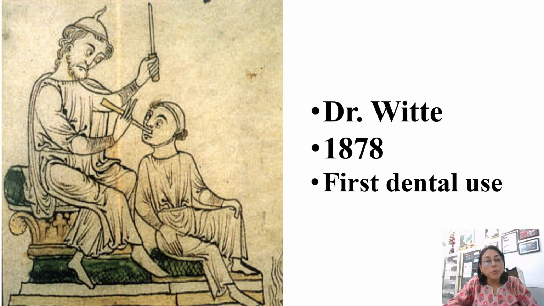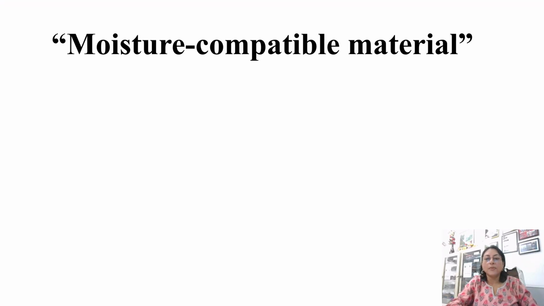The work was reported in 1878 and also referenced later in 1880, marking the first time this type of hydraulic cement was used in dental literature. So it is a moisture compatible material.